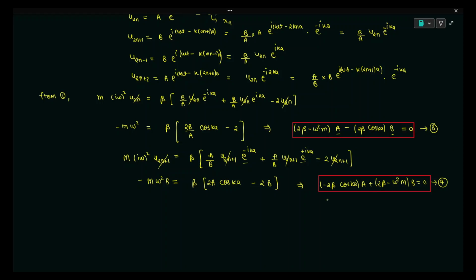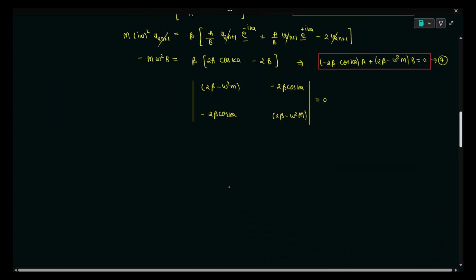So equation 3 and 4 represents a system of linear equations in two variables, that is amplitude a and amplitude b. So this set of homogeneous linear equations can give me non-zero solutions if and only if the determinant made by the coefficients will be equal to 0. So if this determinant is 0, then only there will be a non-zero solution for a and b.